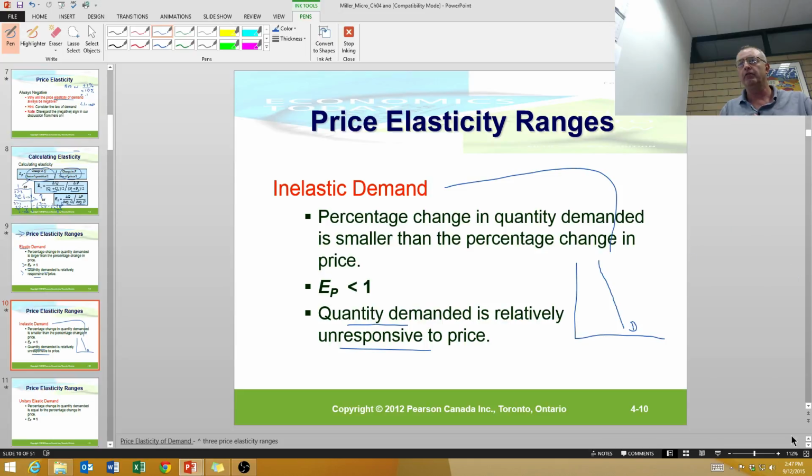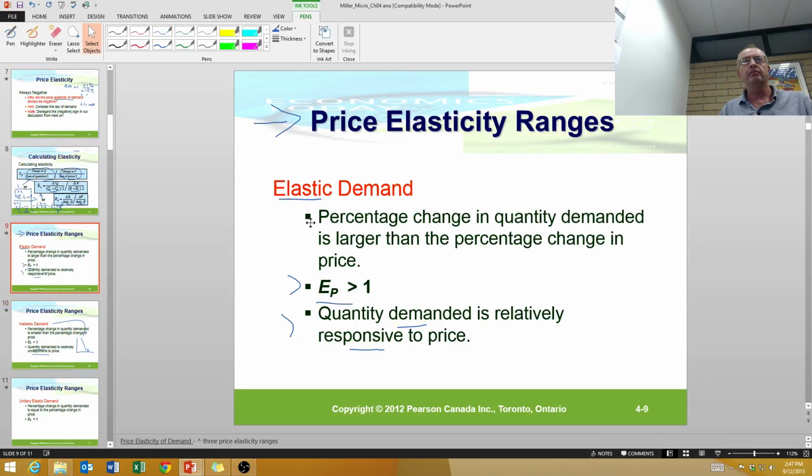And when we have a relatively elastic demand curve, the slope of the demand curve is shallow. These are some easy ways to remember how these diagrams work, and we'll come to it later.